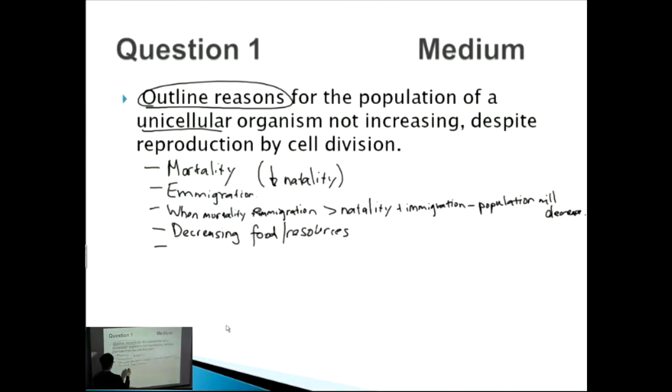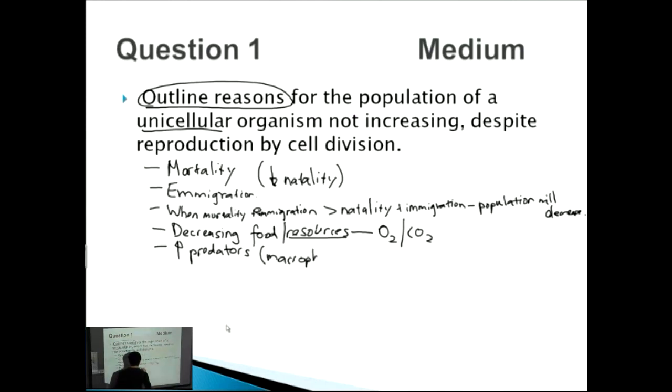At the same time, we'll also specify resources. You might also talk about oxygen or carbon dioxide, because some unicellular organisms are anaerobic, they only like carbon dioxide, so decreasing food as resources. At the same time, some things that might cause an increase in mortality would be increasing predators, such as macrophages.